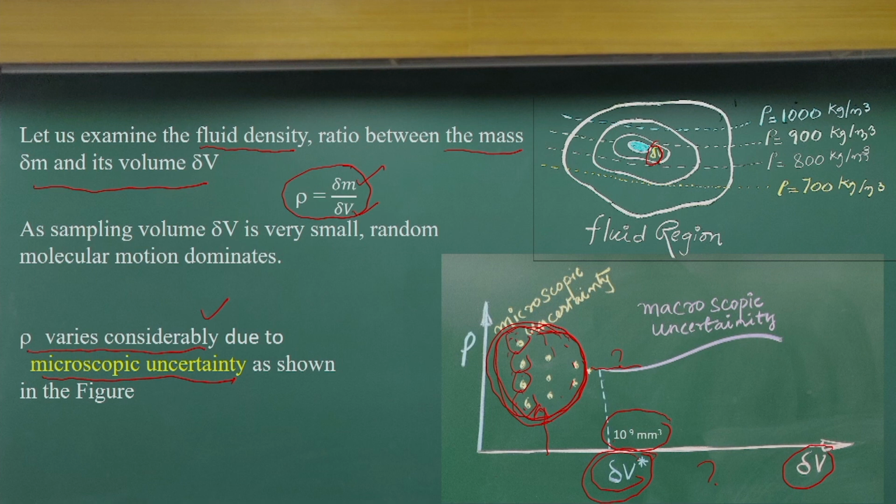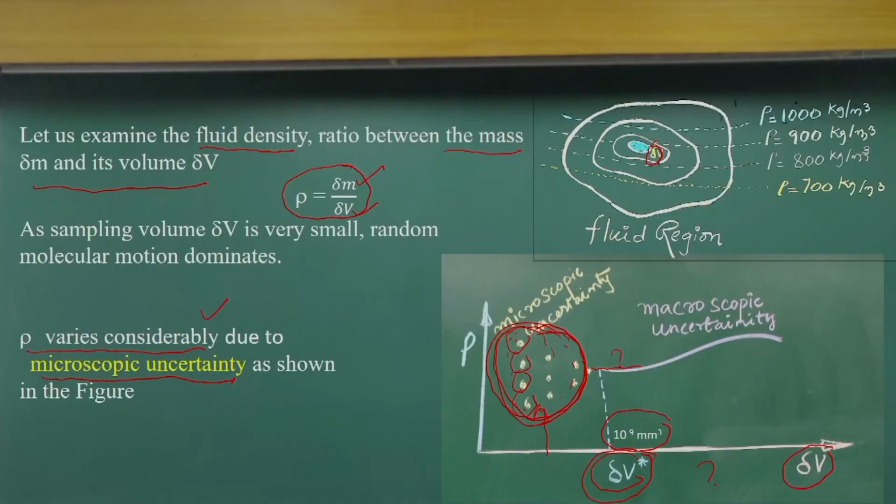That indicates that with that sampling volume, the molecules coming in and going out by random motion more or less balance each other. So we will have constant density.